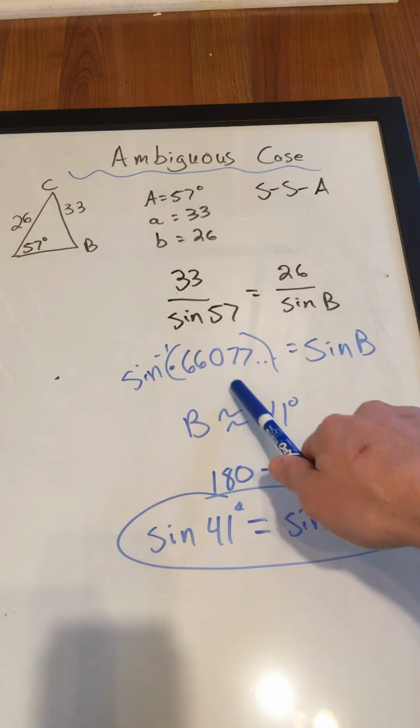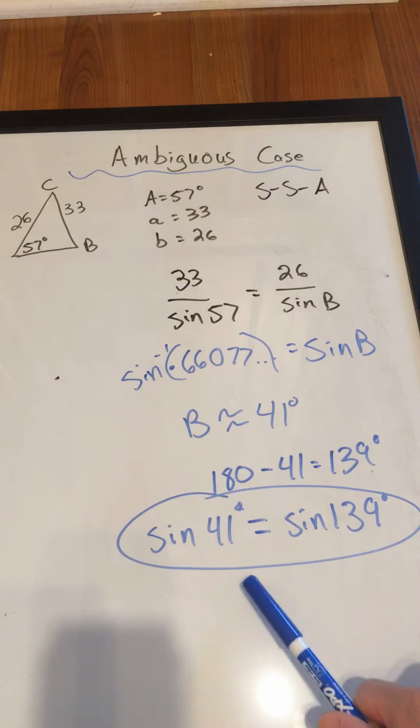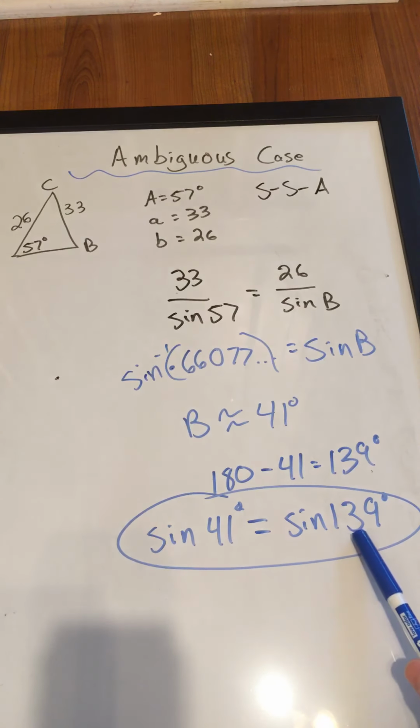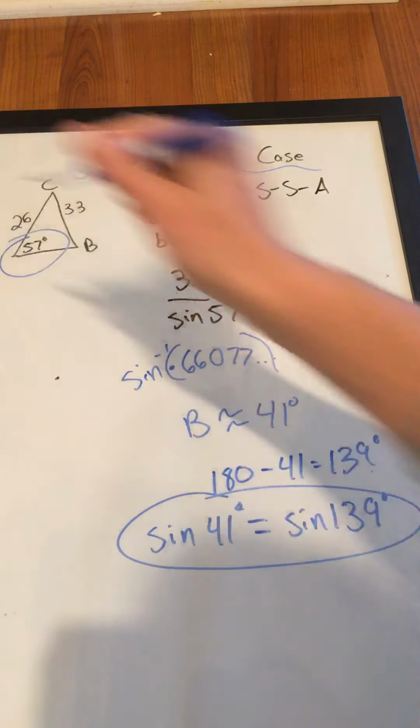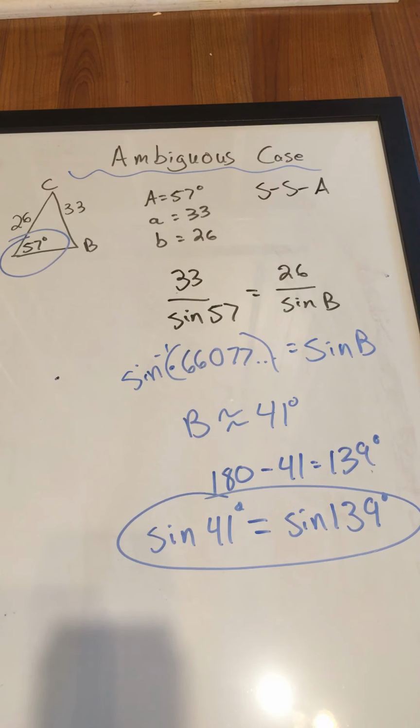So in my law of sines, if I got this ratio, how do I know if it's 41 degrees or 139 degrees? How can I state with certainty? This is where this piece of information becomes important. Angle A is 57. The interior angles of a triangle can only add up to 180. Can't exceed it, can't be below it. It has to hit 180 exactly.